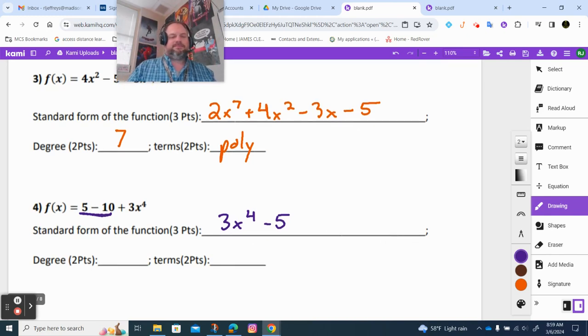But yeah, we can combine those two. All right, our degree is 4. Our terms are bi. Yeah, because after we combine the 5 minus 10, okay. I even forgot that was in there.